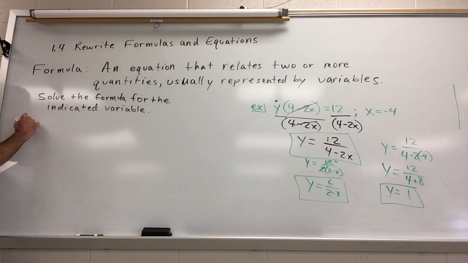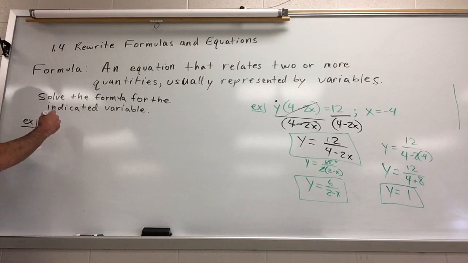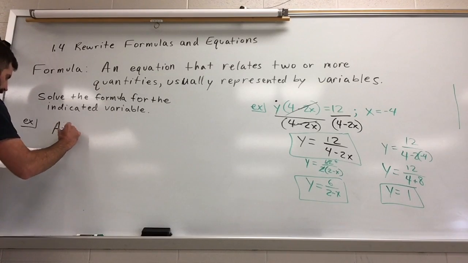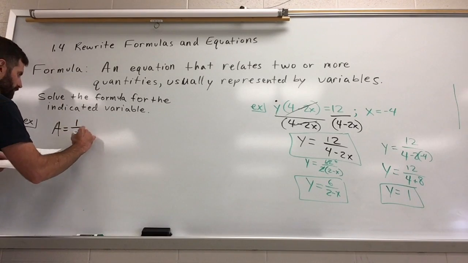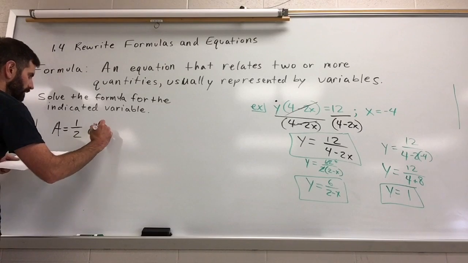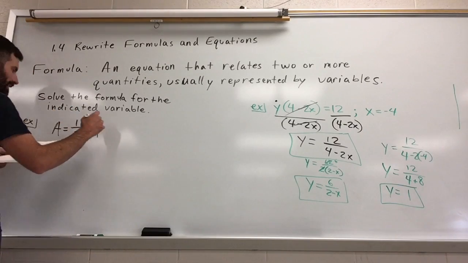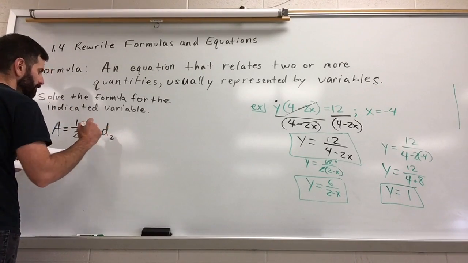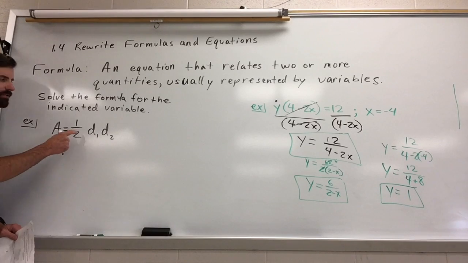And our next example gives us, oh my goodness, okay, so I already mentioned this one. This formula is for the area of a rhombus. A equals 1/2 diagonal 1 times diagonal 2. Now keep in mind, when there's nothing written in between, that's implying multiplication.